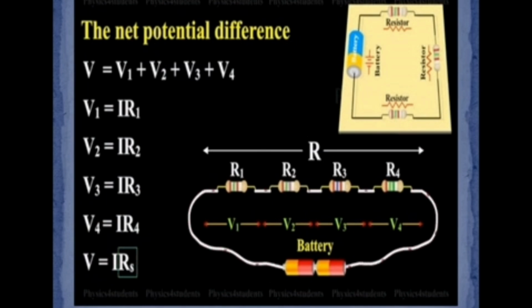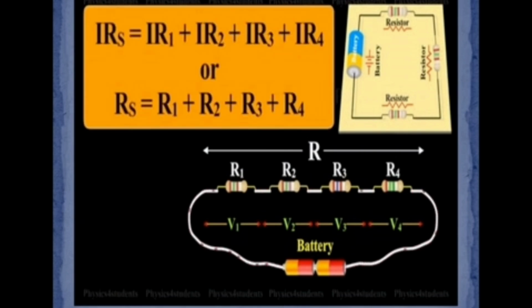So IRS equal to IR1 plus IR2 plus IR3 plus IR4. I is common for both sides, so cancel each other. So resultant effective resistance RS equal to R1 plus R2 plus R3 plus R4. So this is the effective resistance connected in series.